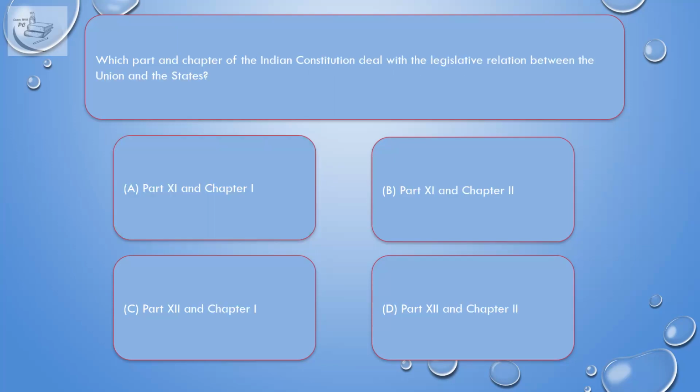Question: which part and chapter of the Indian Constitution deal with the legislative relation between the Union and the states? A. Part 11 and Chapter 1. B. Part 11 and Chapter 2. C. Part 12 and Chapter 1. D. Part 12 and Chapter 2. Correct answer is A. Part 11 and Chapter 1.